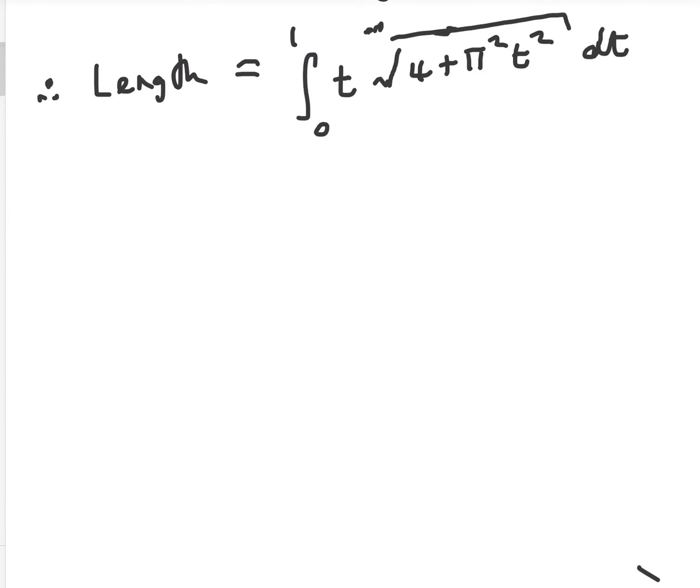And this is a simple first year integration by simple substitution, right? So let's do the substitution slightly like so. You let u equal to the thing under the square root.